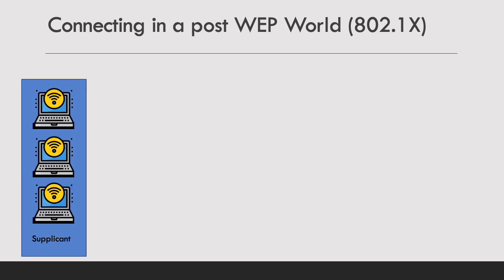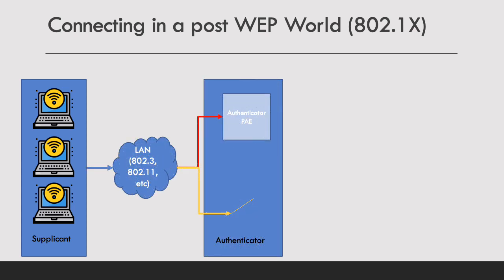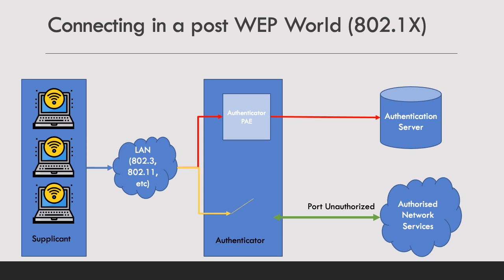802.1x is a standard in its own right and is a port-based access control method. In the wired world, it's used to authenticate devices plugged into switch ports. It's basically the same in the wireless world, but we're talking about access across an RF connection. The standard defines three components of the network: a supplicant or a station, which could be your laptop or some other wireless device out there, an authenticator, and an authentication server.